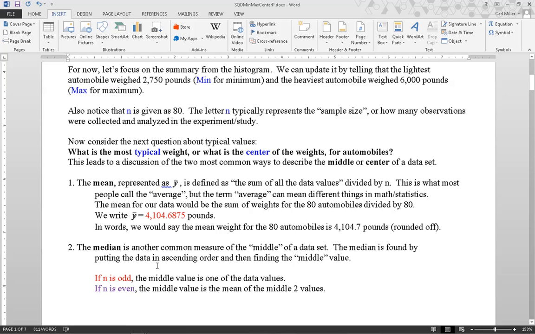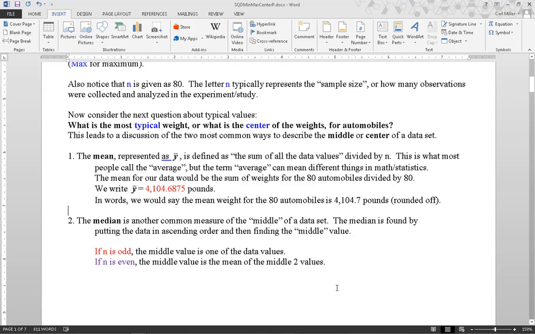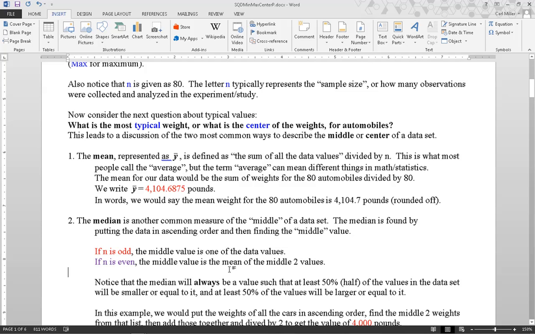If n is even, the middle value is the mean of the middle two values in your ascending list. Notice that the median will always be a value such that at least 50% or half of the values in the data set will be smaller or equal to it, and at least 50% or half of the values will be larger or equal to it.